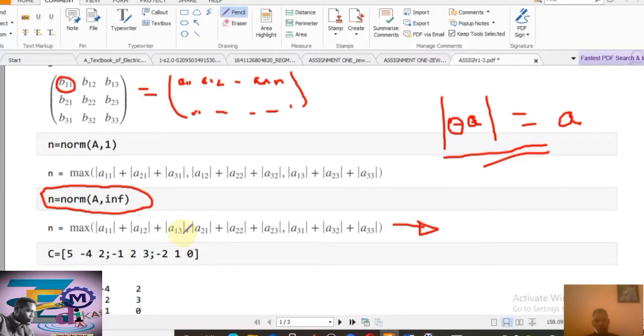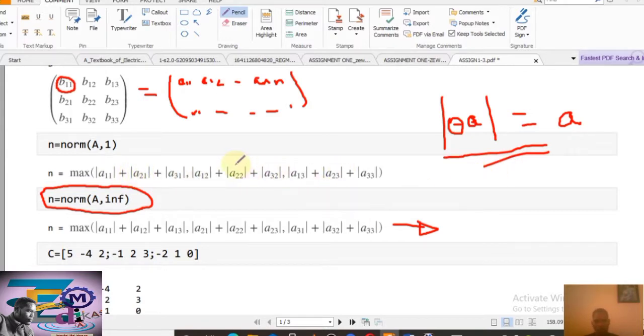So the absolute value of 13, the absolute value of 21, the absolute value of 22 plus the absolute value of 23. And in between there is a comma, by the way. You have to take only the maximum value. Here there is again a comma, you have to take the maximum of these three.